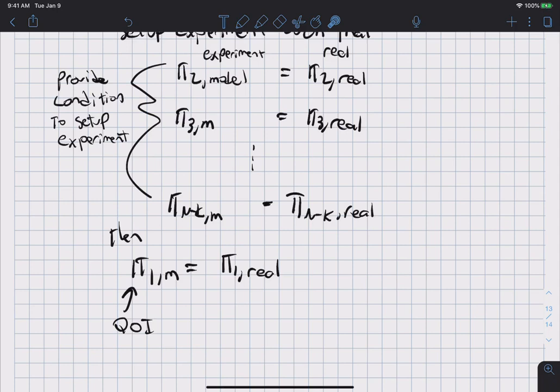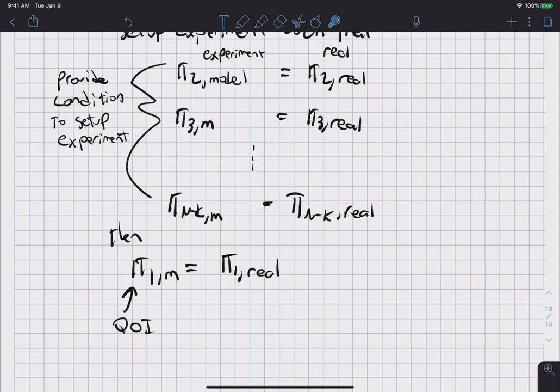Just due to the fact that it's easier to get the pi terms equal together. So the fluid that you use in the experiment does not have to match the fluid that's used in the real world. In fact, sometimes you must change the fluid in the experiment.